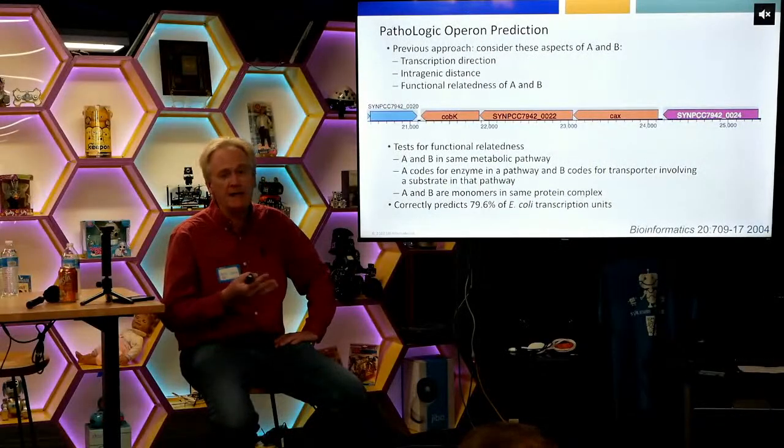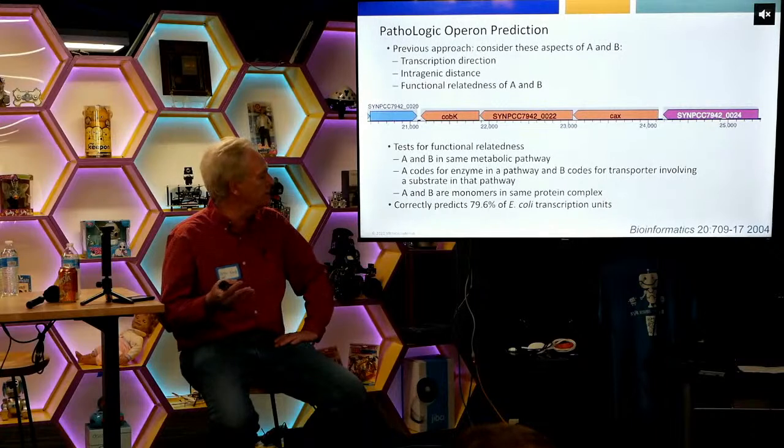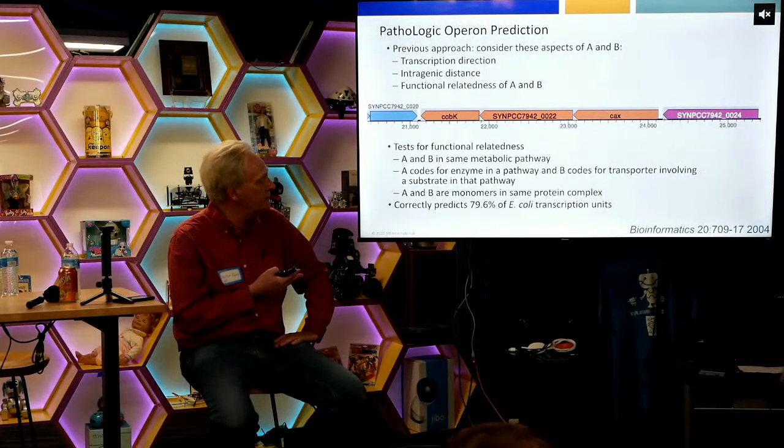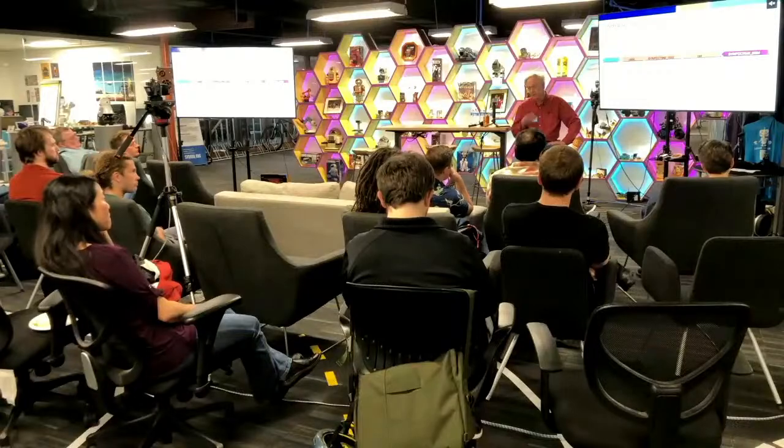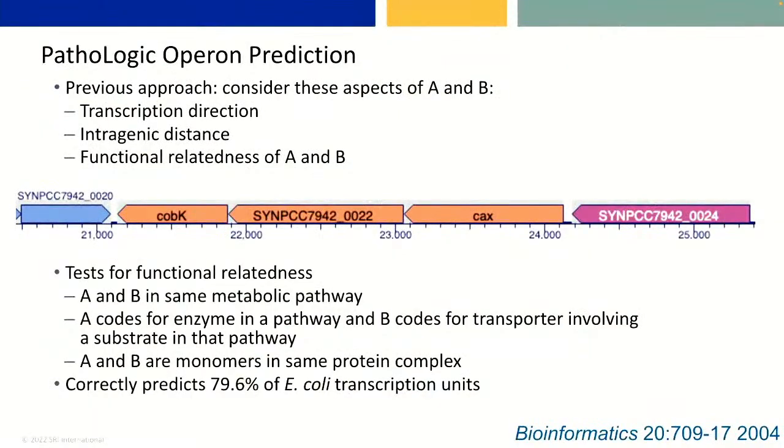We looked at whether A and B are subunits of the same protein complex. And using that older predictor, we were able to get an accuracy of 79.6% when evaluated on experimentally determined E. coli operons from our EcoCyte database.